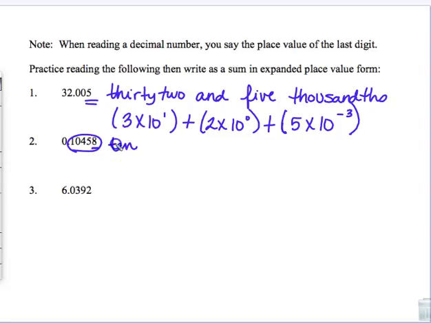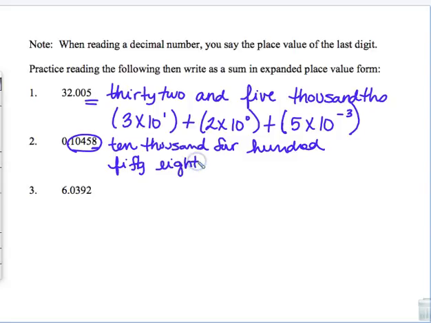So it will be 10,458 hundred thousandths.